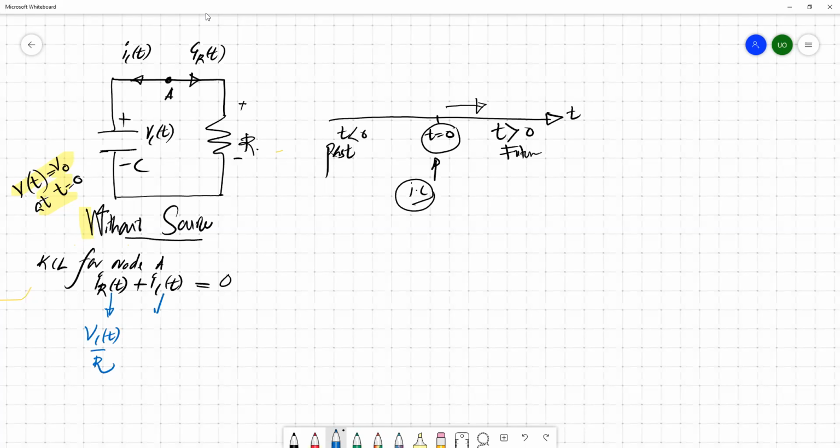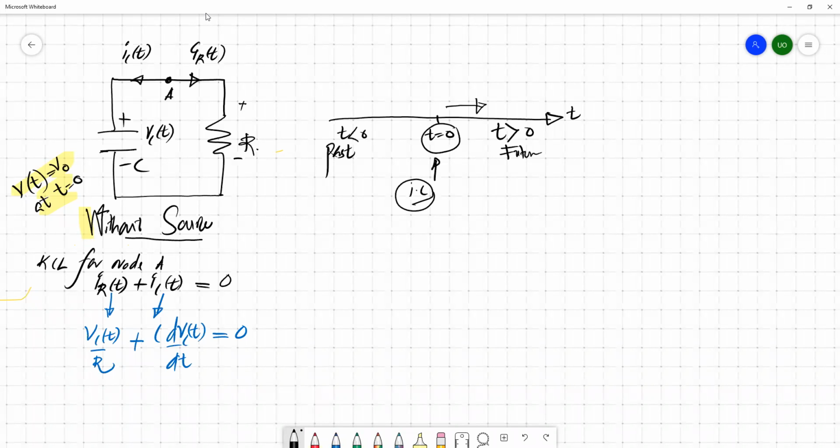So you can replace the current flowing through the capacitor using the fundamental equation, the model we derived just before. Here you can simply say that this equals C times the derivative of the voltage. This is equal to 0. Okay, so hope it's clear. Nothing different.